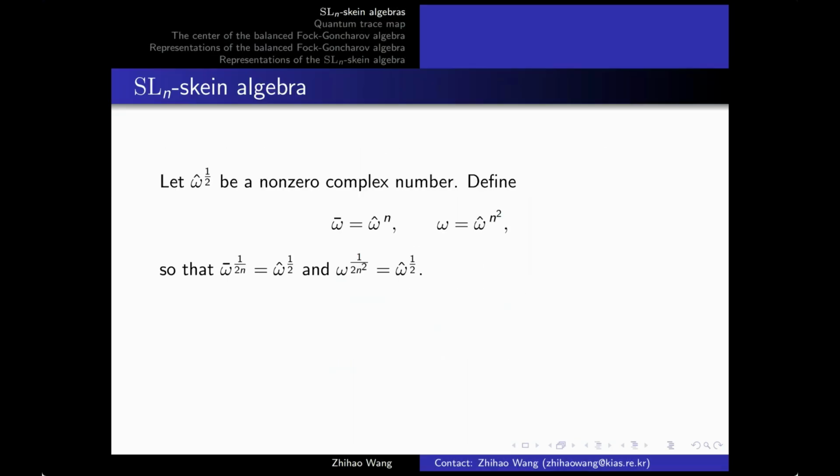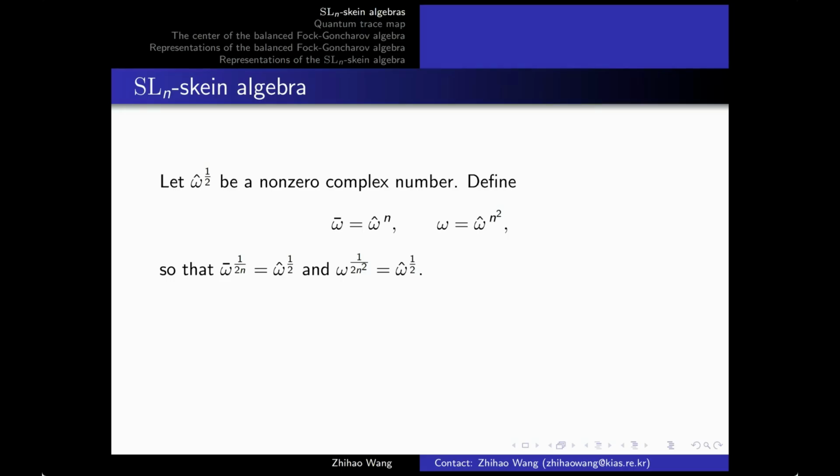So for today, we will just work with the complex field. Normally you can define the SLN skein algebra over any domain, but today we just focus on the complex field. To define the SLN skein algebra, we need a quantum parameter, because, just like I said, it is a quantization.